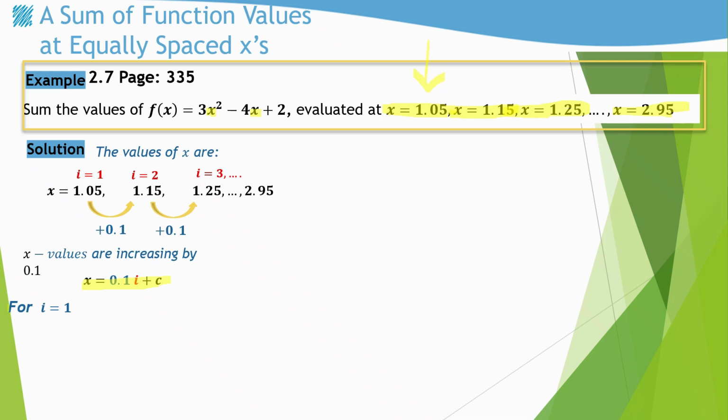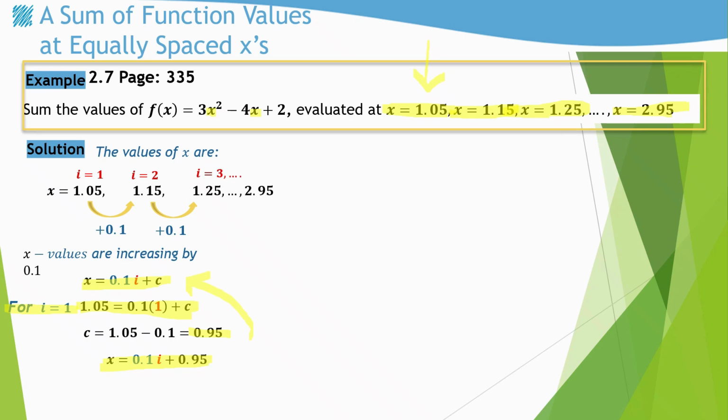Since it is the first value, let i equal 1. When you substitute 1.05 in the place of x and 1 in the place of i, you will get your c value as 0.95. Substitute it back: you will get 0.1i plus 0.95. This is your x value.